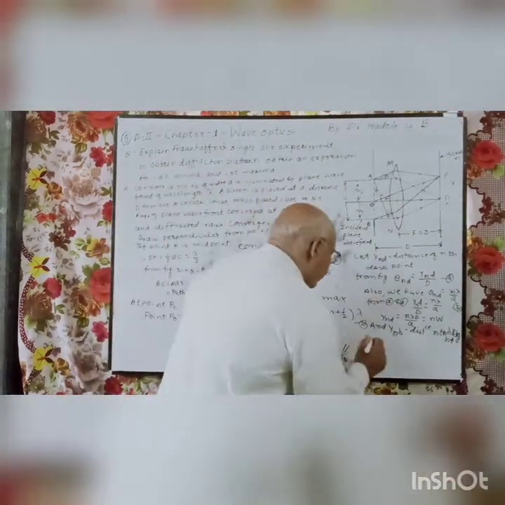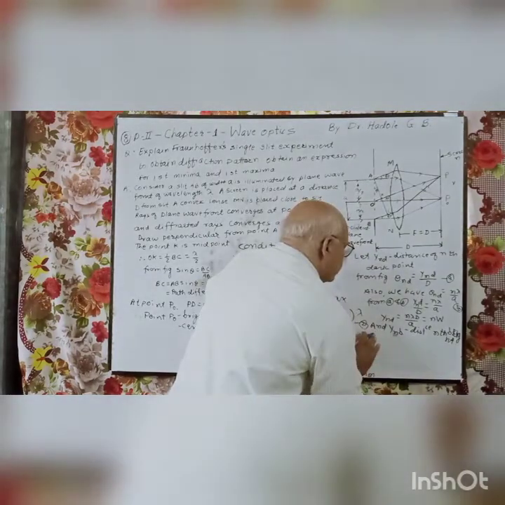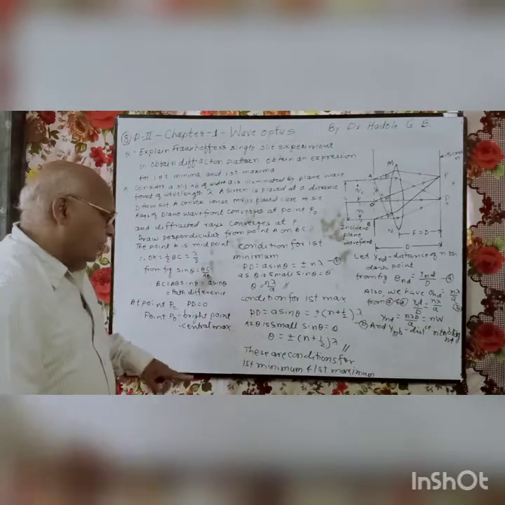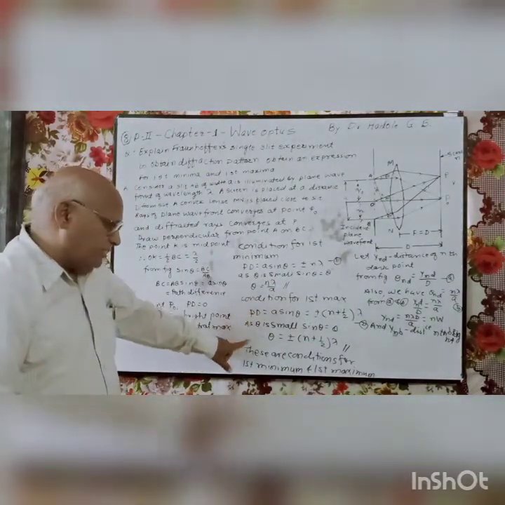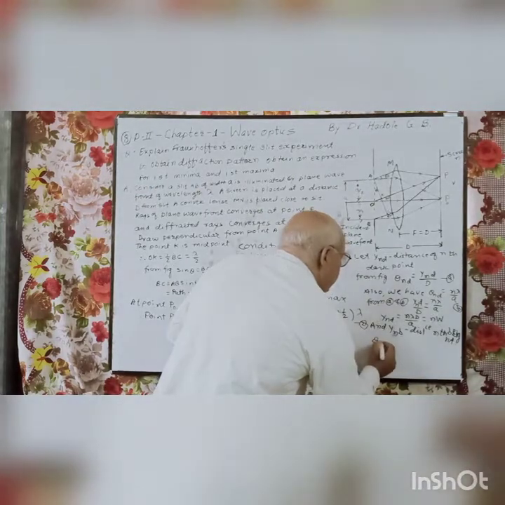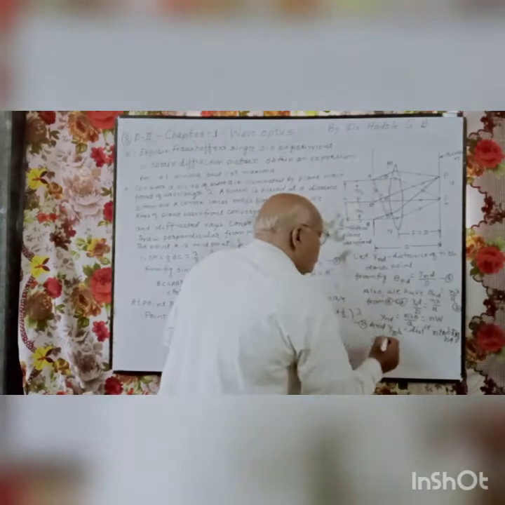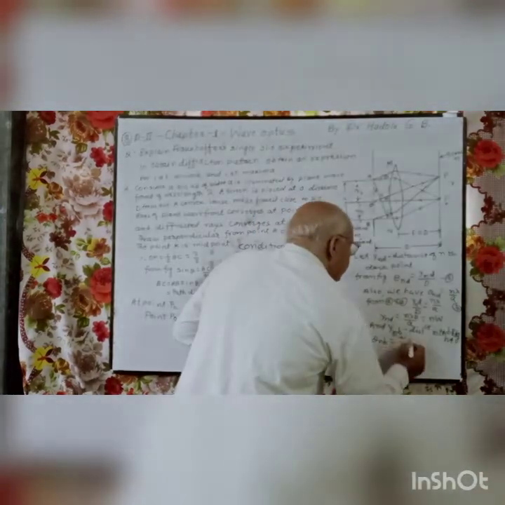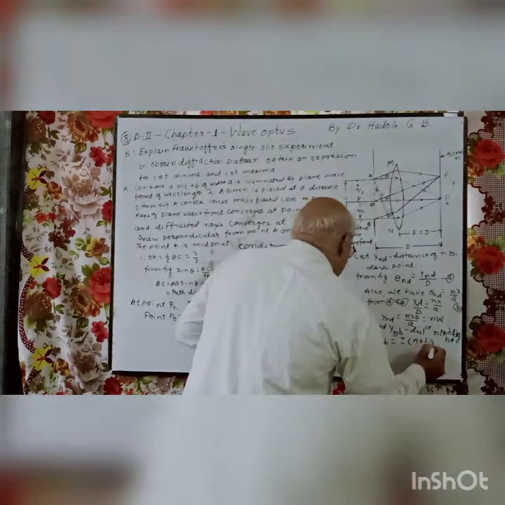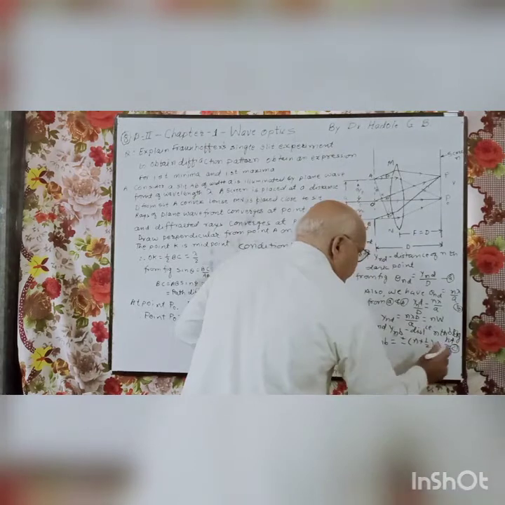And therefore from the figure we write, for the bright or maximum point, we have this condition: theta_nb equals plus or minus (n plus half) into lambda upon a. This is equation C.